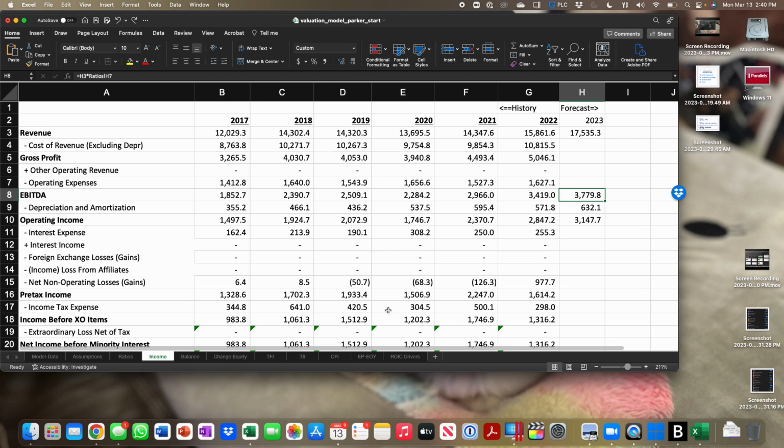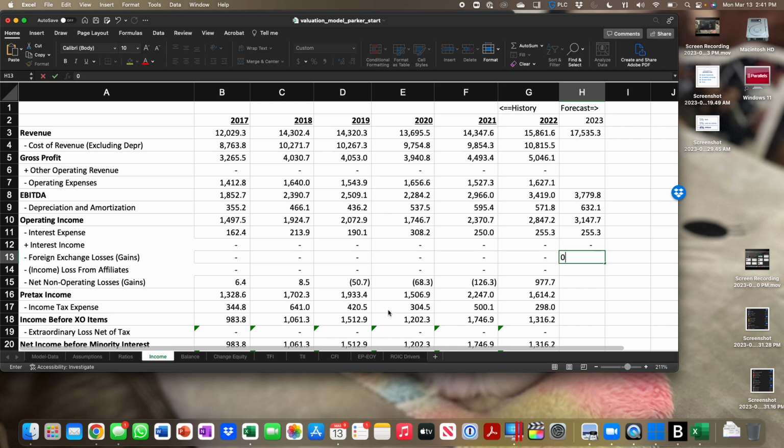Interest expense as a placeholder equals the previous year. We're leaving the debt alone, therefore we're going to leave the interest that they pay alone. Okay? Interest income equals the previous year. Parker Hannifin doesn't have any, but if they did, they get the same interest income. FX gains or losses, 0. I don't know what's going to happen to the currencies, neither do you.